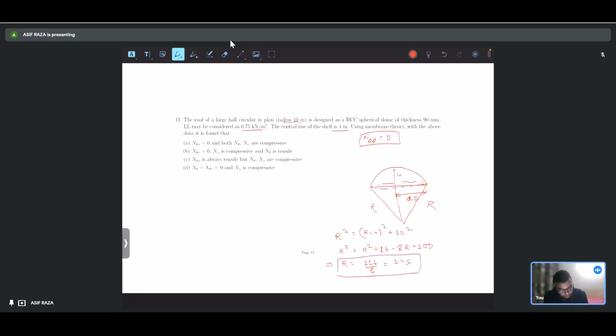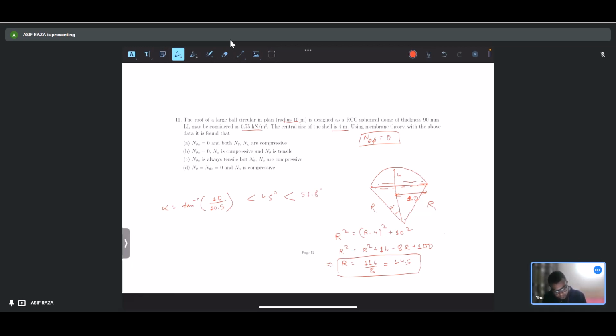And alpha is equal to tan inverse of 10 upon 14.5, which is less than 45 degree, and which in turn is less than 51.8 degree.